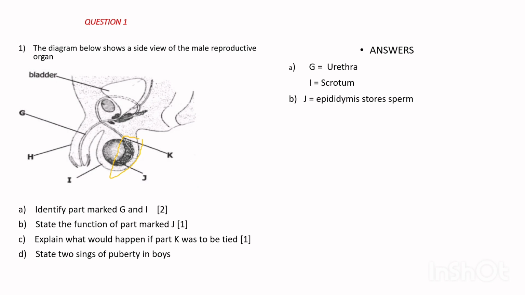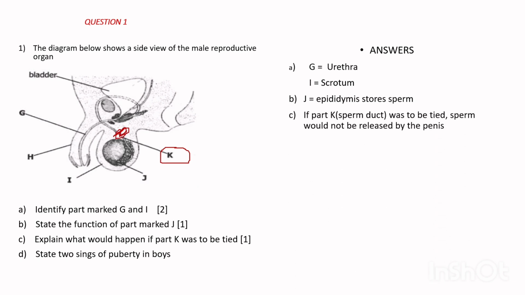Explain what would happen if part K was to be tied. So where is part K? Part K is here, which is the sperm duct. Now, if part K was to be tied, what will happen? Okay, so we are saying if part K, which is the sperm duct, was to be tied, sperm would not be released by the penis.